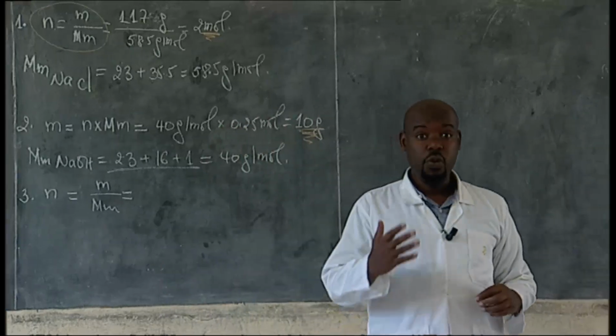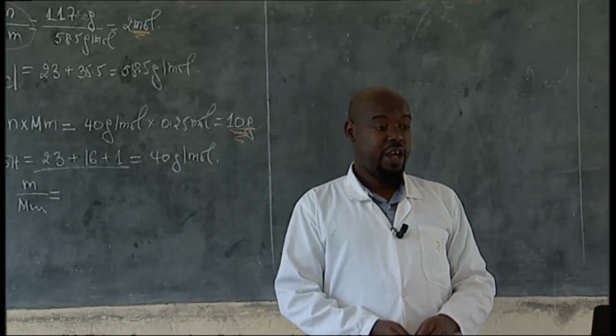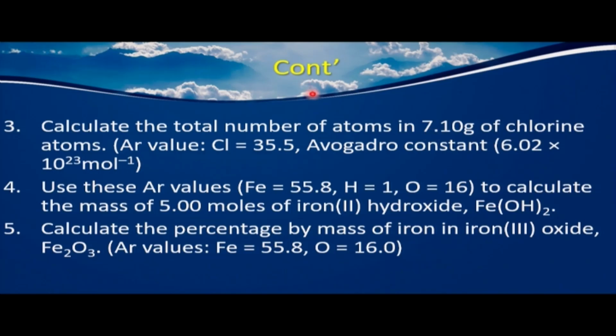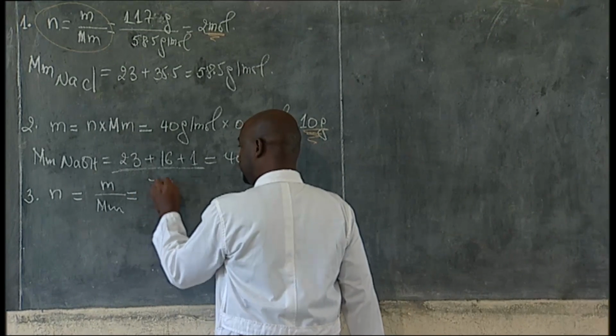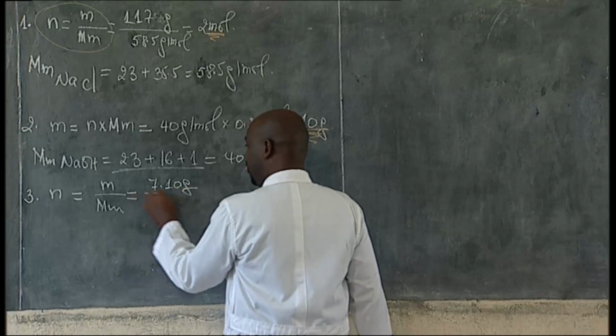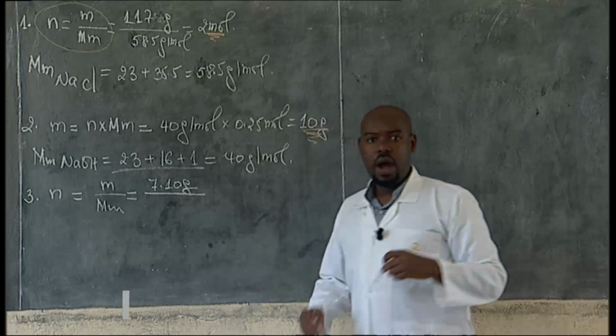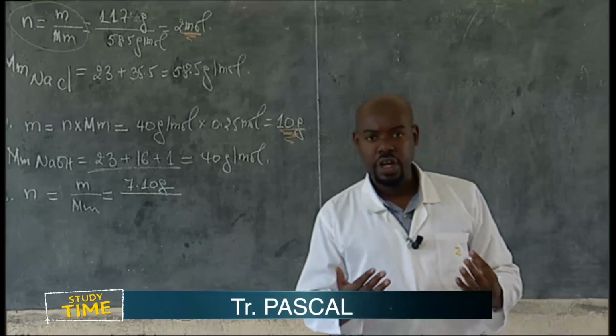What we have here is the mass of chlorine atoms, so to find the number of moles, we take the mass over molar mass. What is the molar mass of chlorine atoms?